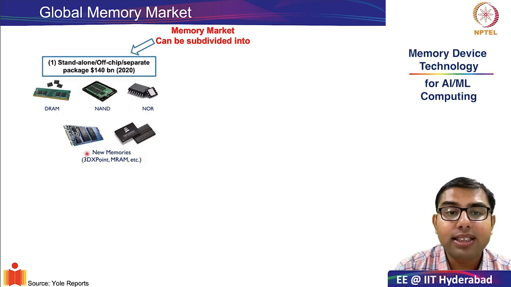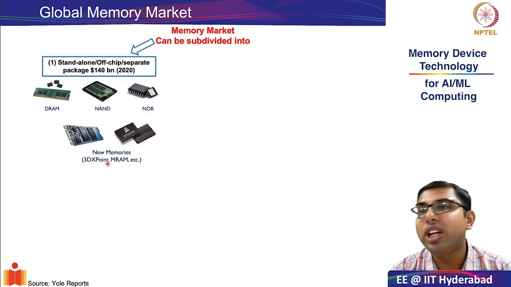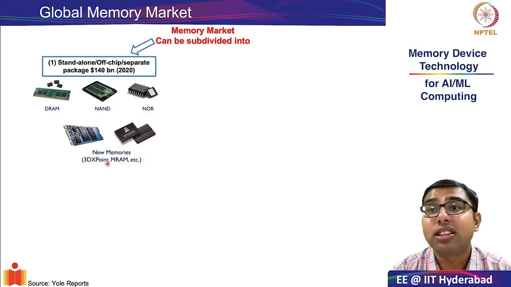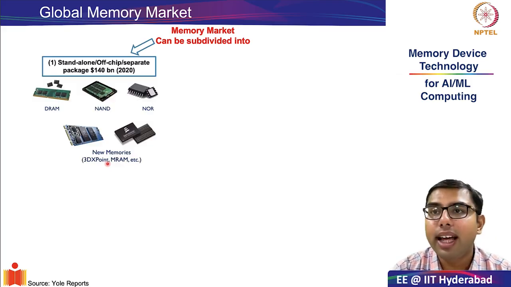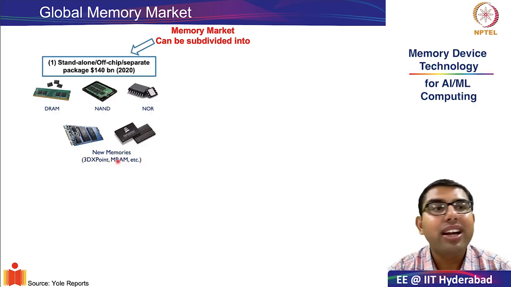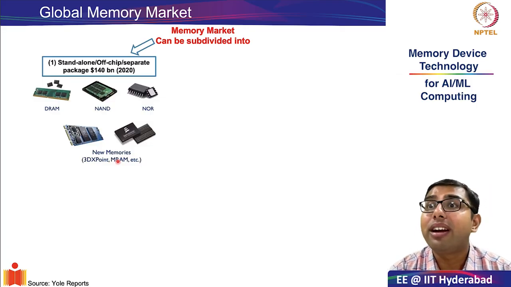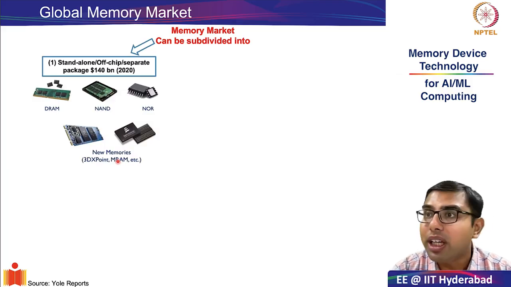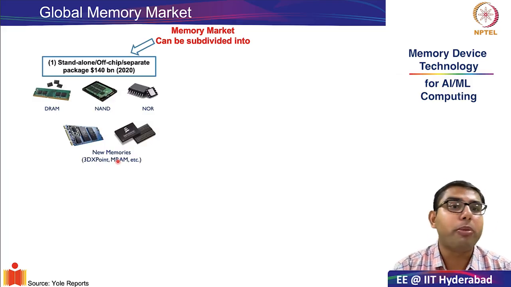This is now being supplemented with new storage class memories such as 3D Xpoint from companies like Intel and Micron, and also new magnetic random access memories and resistive random access memories, which form the storage class memories.